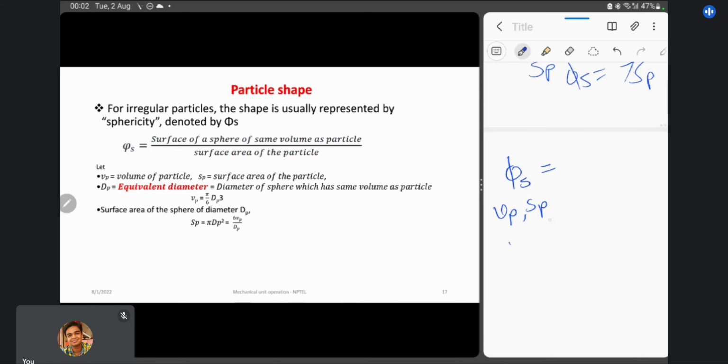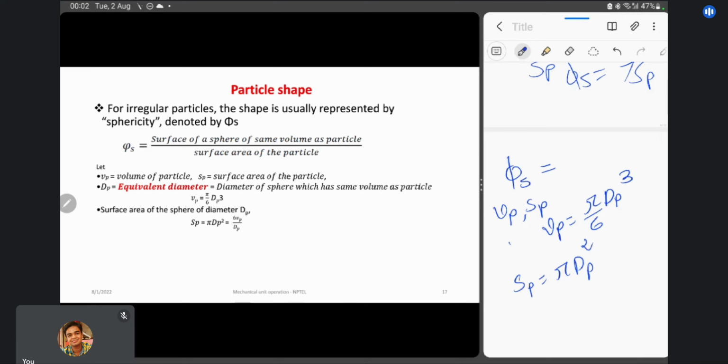We know the volume of a sphere is pi by 6 dp cube, and the surface area of a sphere of diameter dp is pi dp square, which you all know.